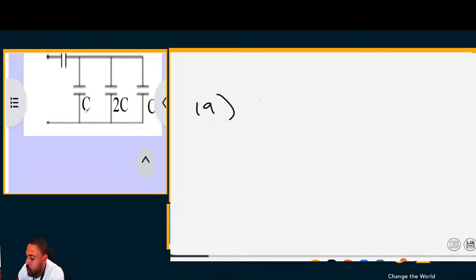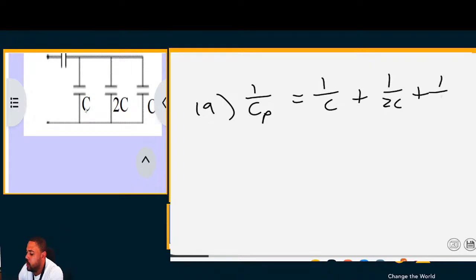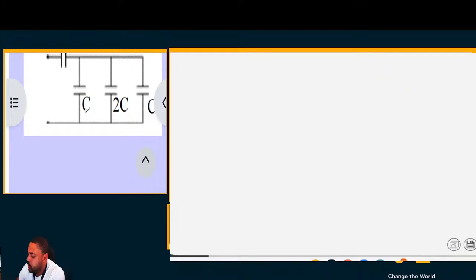Now for the capacitance in parallel, we have 1 over C plus 1 over 2C plus 1 over C. Oh, sorry, that is for resistance, I'm thinking of resistance now. Capacitance in parallel is just equal to C plus 2C plus C. That's 4C.